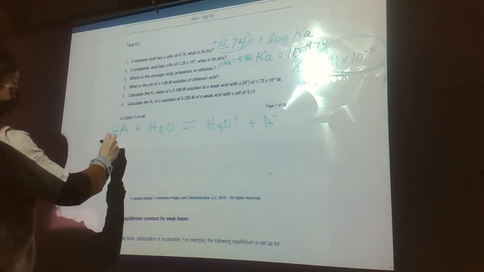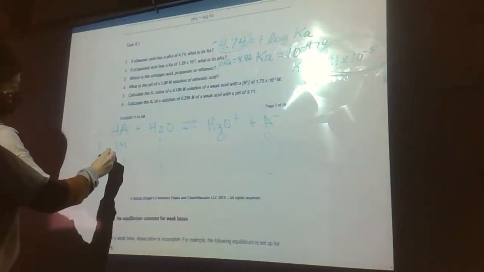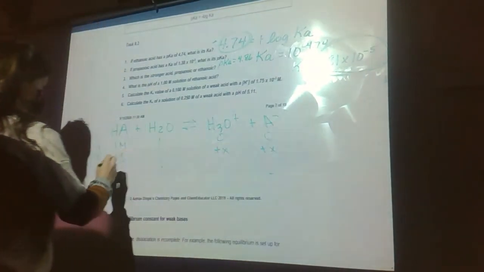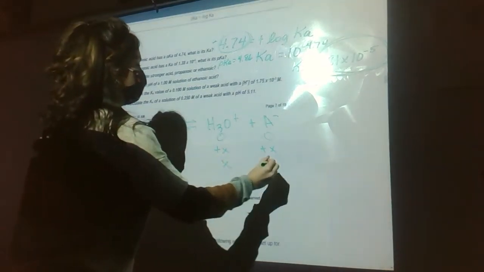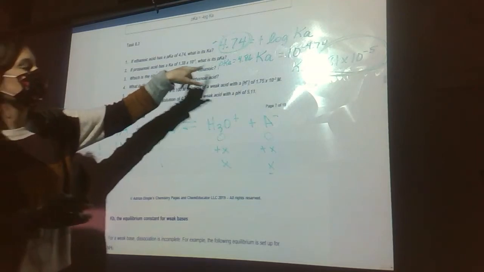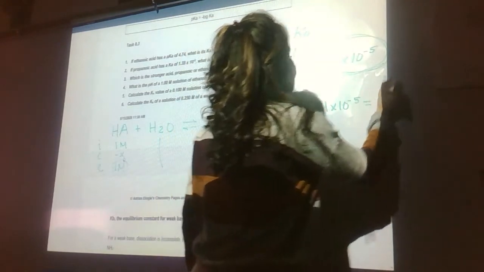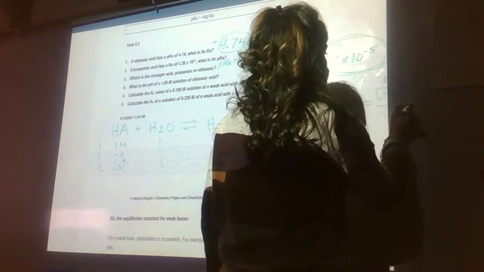HA starts out as 1, water, 0, 0, minus X, plus X, plus X. 1 molar minus X, what we just decided is just 1 molar, X and X. I'm solving for hydronium, and my Ka is 1.81 times 10 to the negative fifth. So 1.81 times 10 to the negative fifth equals hydronium squared over 1.